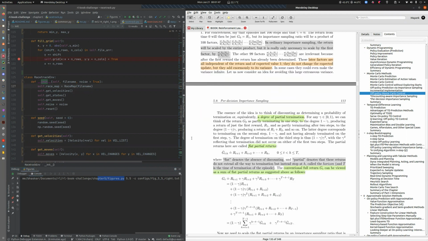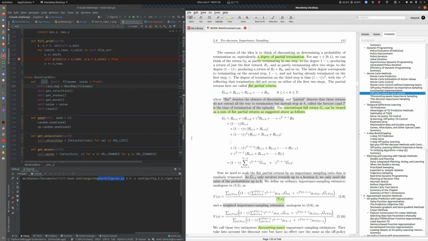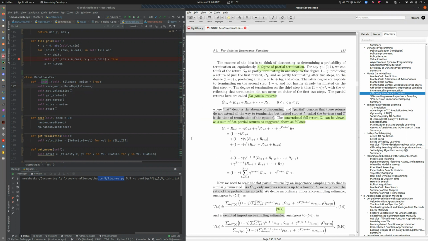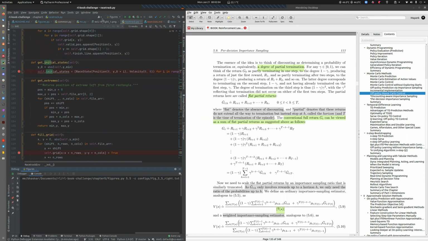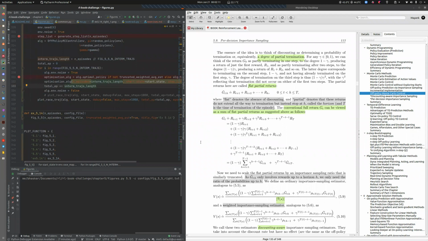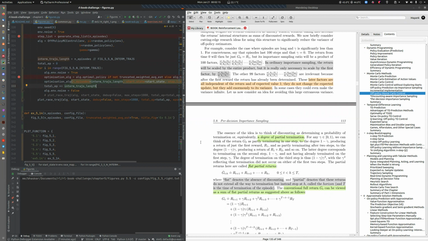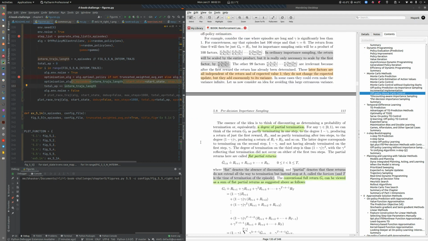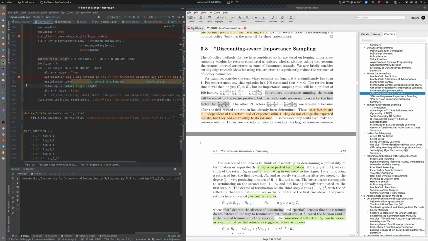So are you guys with me? So let me try to start from the 5.8 section.